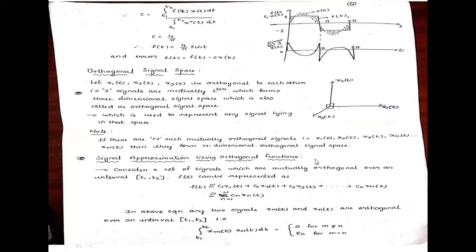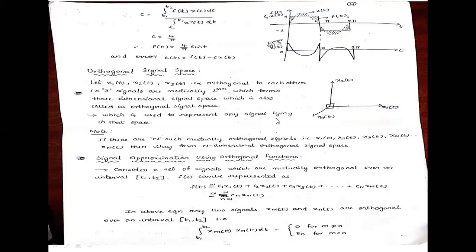Actually, according to the right angle triangle we discussed yesterday, in that right angle triangle f of t is the hypotenuse, the adjacent side is c into x of t, and the opposite side is an error signal e of t, which is a perpendicular line. One side is e of t, which is one signal.